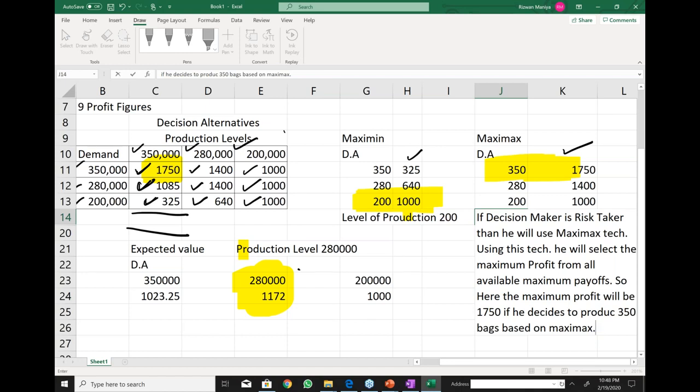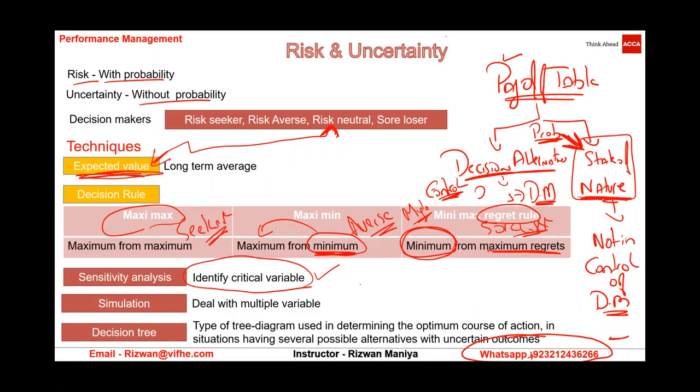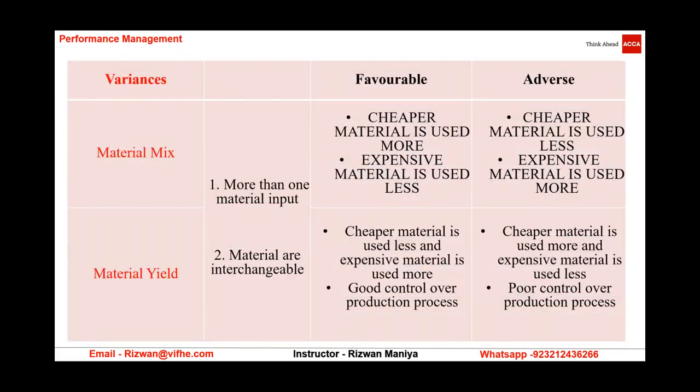This was all about risk and uncertainty, and these are the other techniques of dealing with risk and uncertainty, like sensitivity analysis, which I've also covered in the previous webinar, so you can watch that. Then simulation and decision trees.